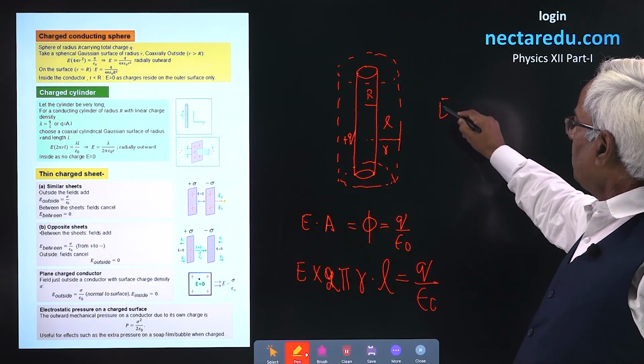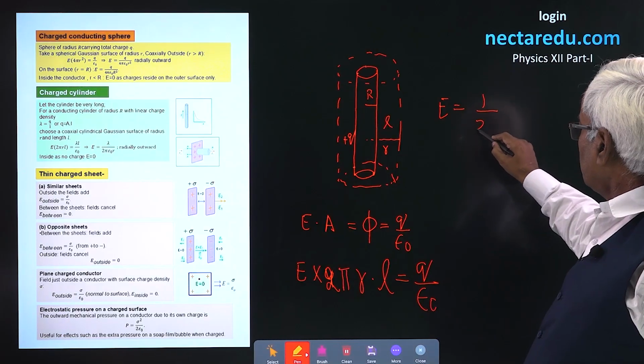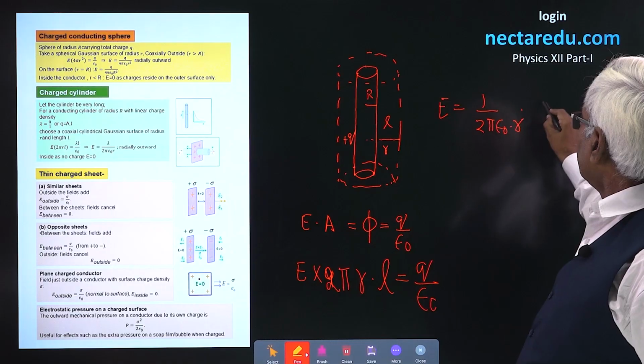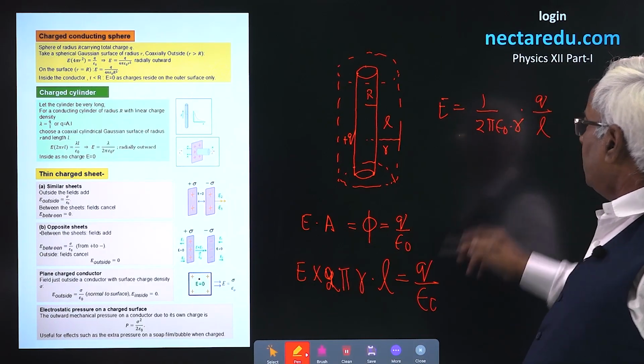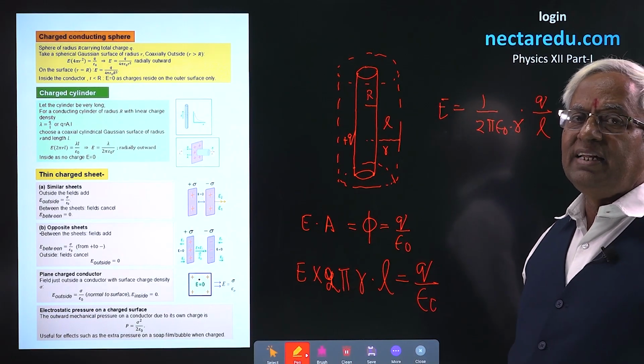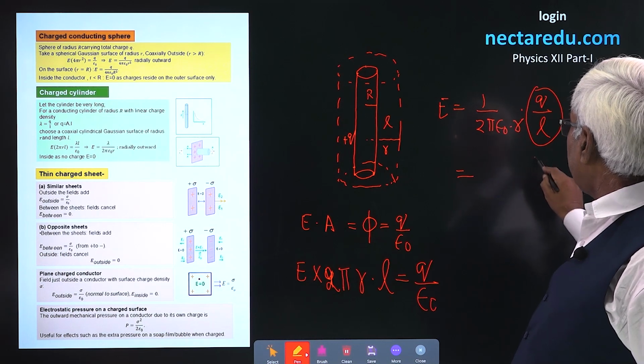That way you get the value of E, that is 1 upon 2 pi epsilon naught into r and Q upon L. What is this Q upon L? That's known as linear density of charge, and this is represented by lambda.